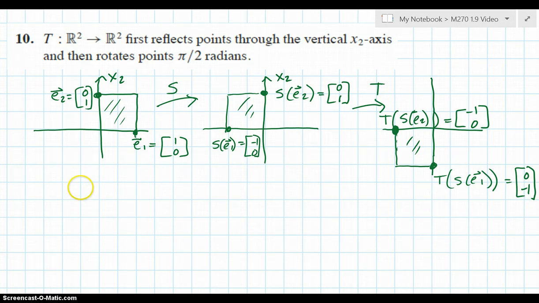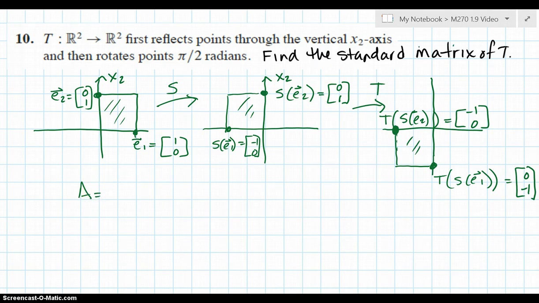So our standard matrix, which, by the way, is the question. If you look at the beginning, it says for exercises 1 through 10, assume T is a linear transformation, find the standard matrix.